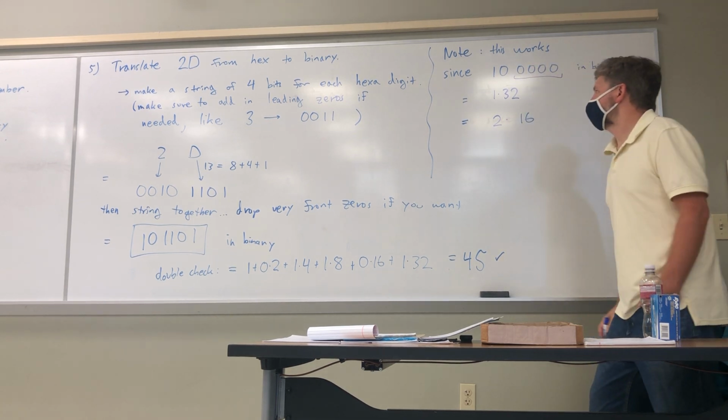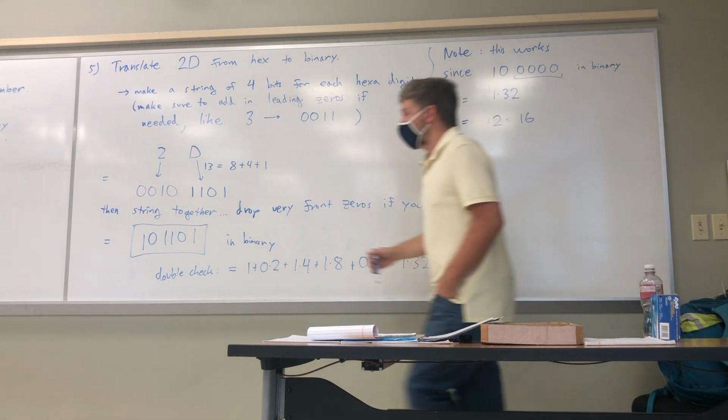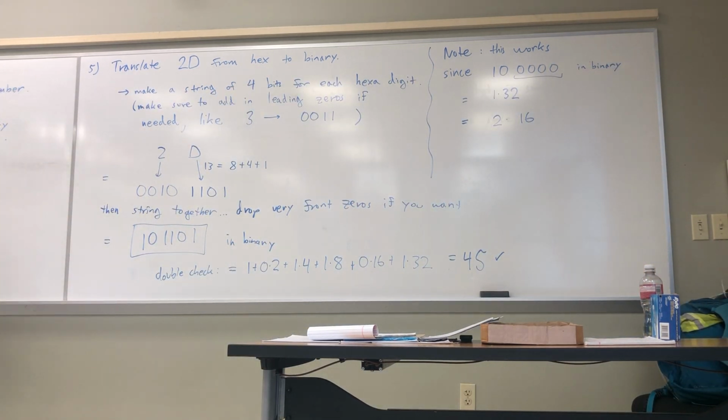That's all I need to say. So whenever you put 4 of them in together, that gives you another power of 16. So a group of 4 bits in binary gives you a power of 16 in hex. That's the best way of saying it. So that's why you can just translate each group of 4 into a hex digit.